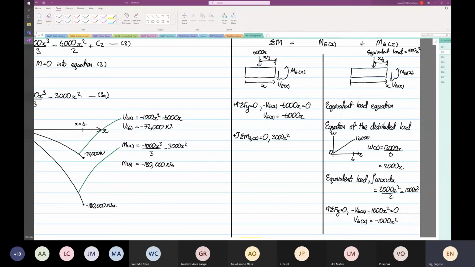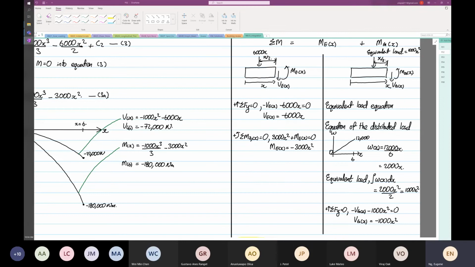Then plus the moment of the evenly distributed load as a function of x. So the moment of the evenly distributed load as a function of x is equal to minus 3000 x squared. Okay, 3000 x squared.